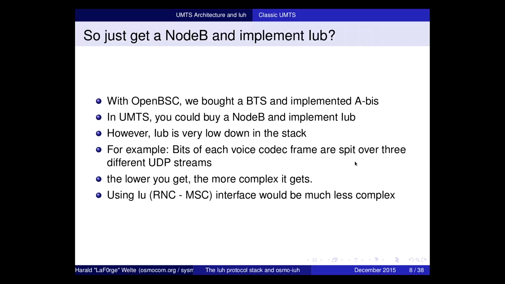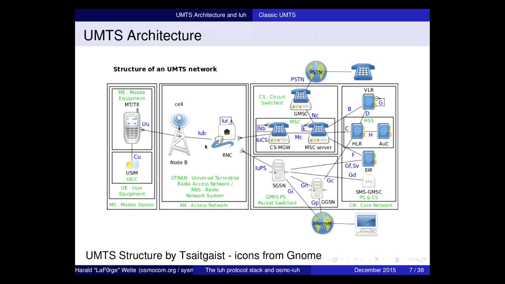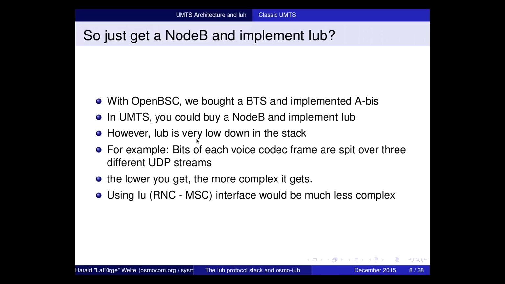You could just get a Node B and implement the protocol IUB. This is what we did with GSM before. We basically started here. We only got the actual BTS or Node B, and we implemented that protocol. However, this protocol in UMTS is extremely complex and fairly low down the stack.